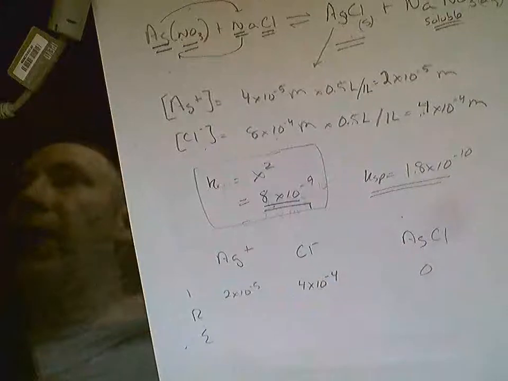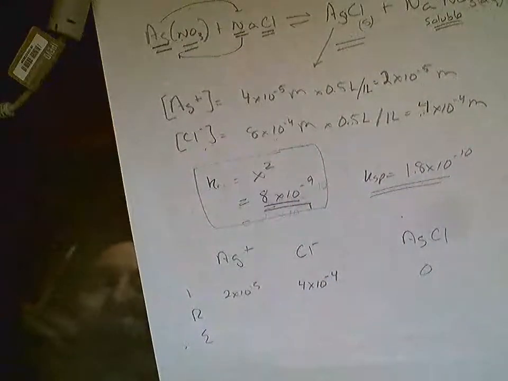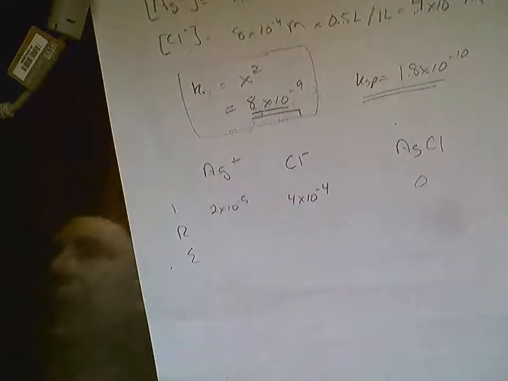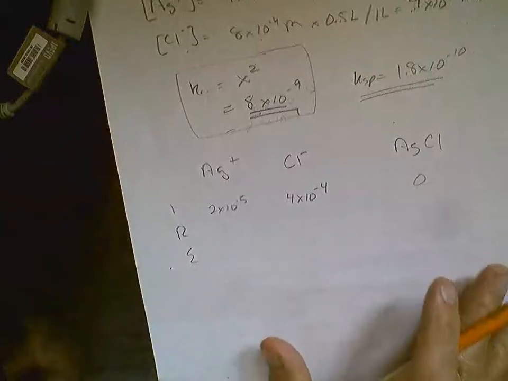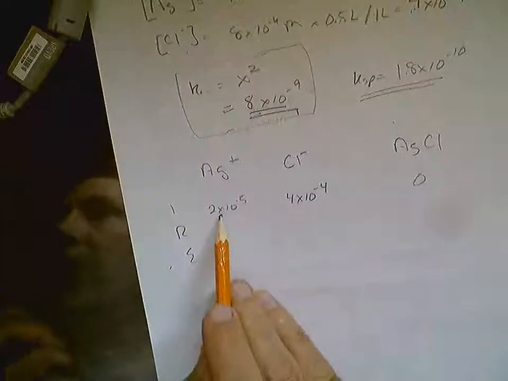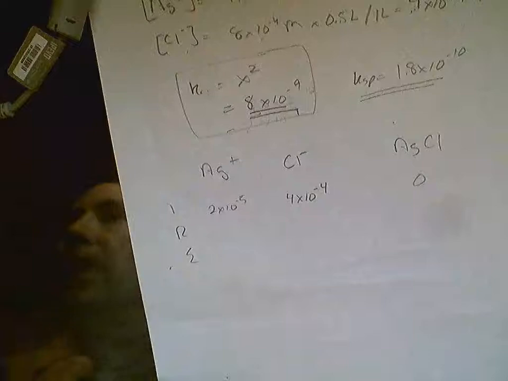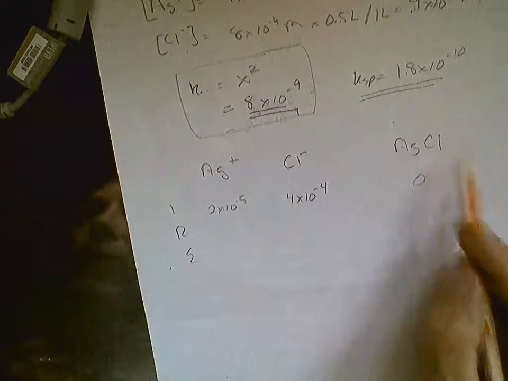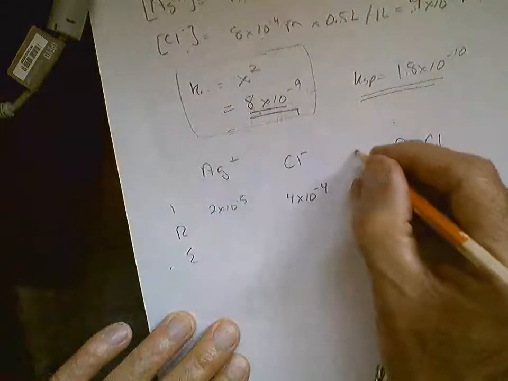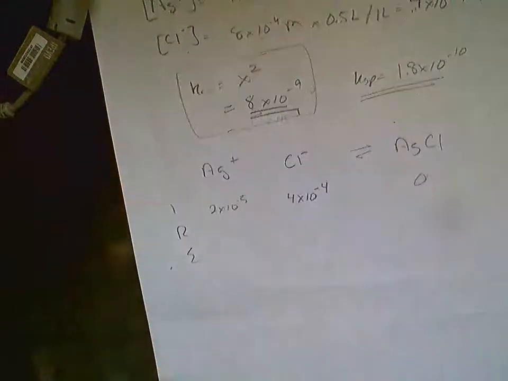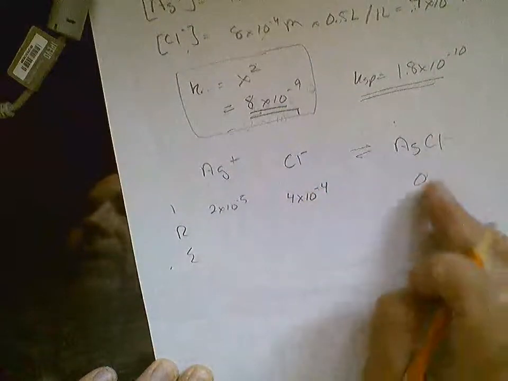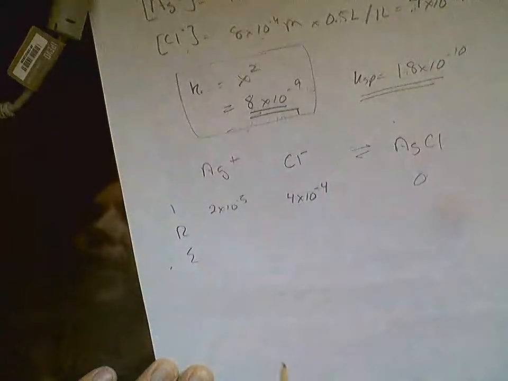So now we have to see how much of a precipitate we have. So what we have to do is we have to set up an ICE chart or an IRE chart. So what you do is you write down your amounts of Ag and Cl that you're going to be putting into solution. We are going to start with 0 of the AgCl. Now, you can only take away from this side because you have stuff there. You don't have anything there, so you can't take away.